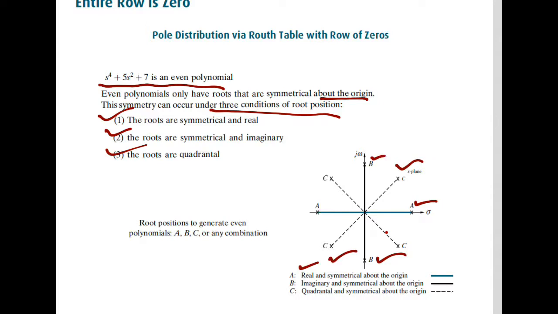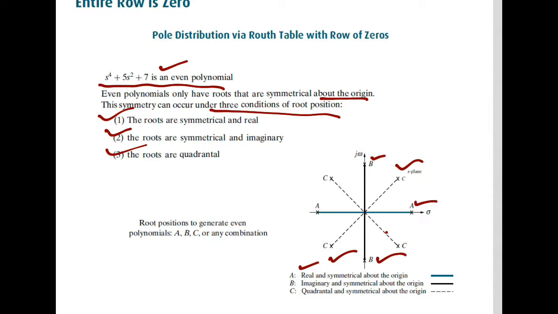Okay. Now it is this even polynomial that causes the row of zeros to appear. That is, the row of 0 is due to the even polynomial, which is a factor of the original polynomial.